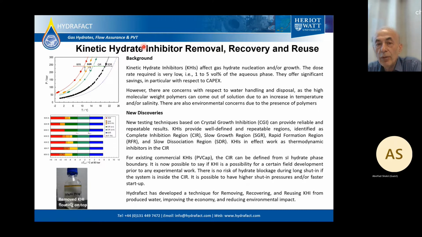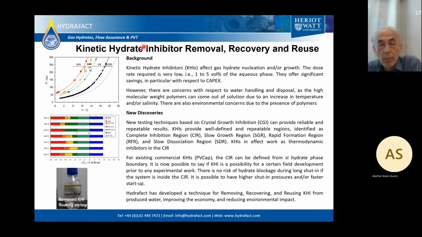The amount of this chemical normally is between 1 to 5% of the aqueous phase. So very little compared to thermodynamic inhibitor, where you need 30 up to 50%. So it has a great saving, not with respect to price because they are expensive.